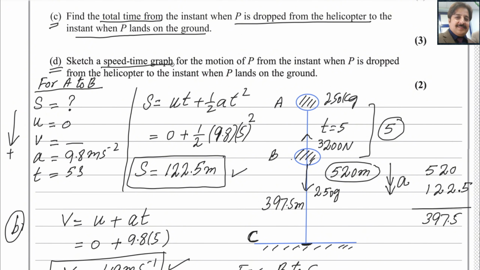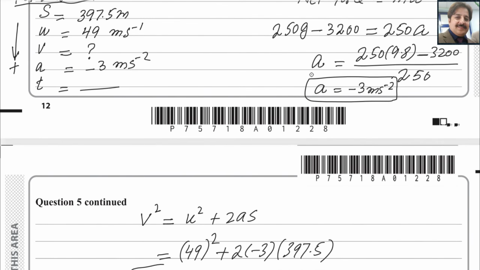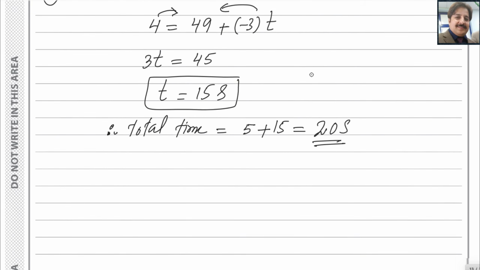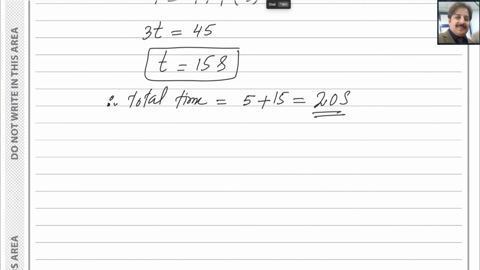Sketch a speed-time graph of the motion of P from the instant when P is dropped from the helicopter to the instant when P lands on the ground. So here we have to draw a coordinate axis to draw the speed-time graph.